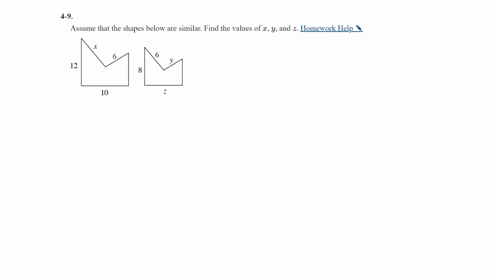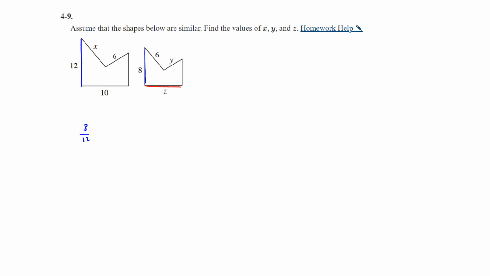Question 9. Assume that the shapes below are similar. Find the values of x, y, and z. So we are assuming that they are similar, so we can match up the corresponding sides. So 8 over 12. So I took this one over this one.